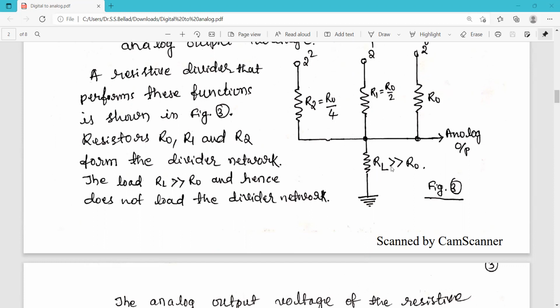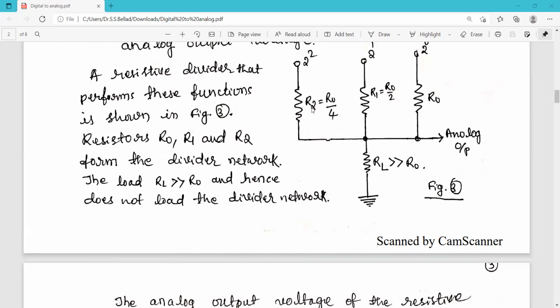Its value is very, very much greater than the resistors of the divider network, and hence there will be no effect of this load on this resistor network. And you can see here the resistors are chosen in such a way that if it is R0, then R1 is R0 by 2, means half of this value.